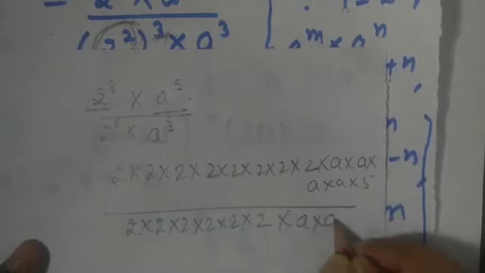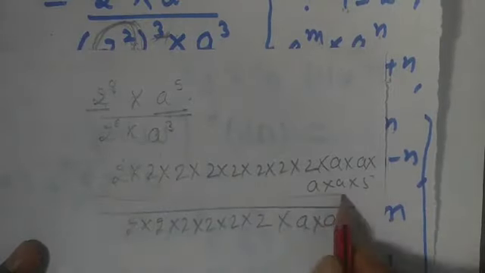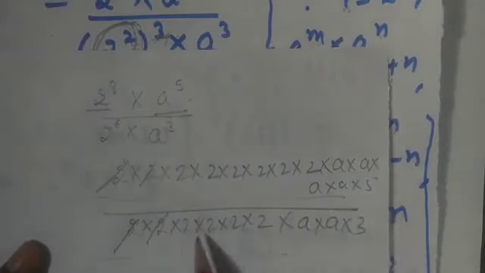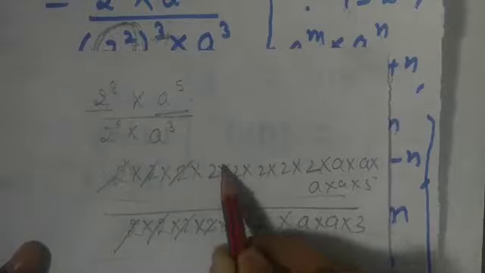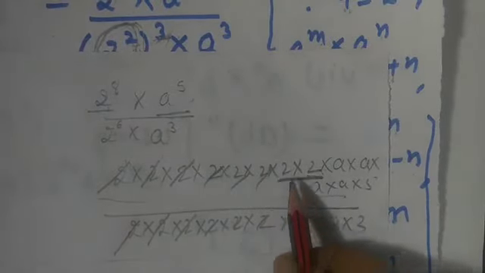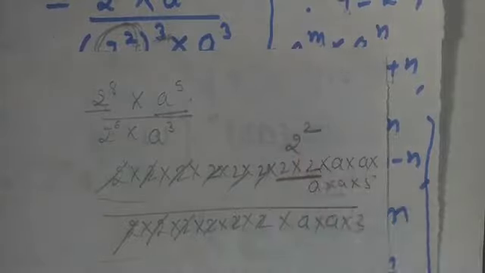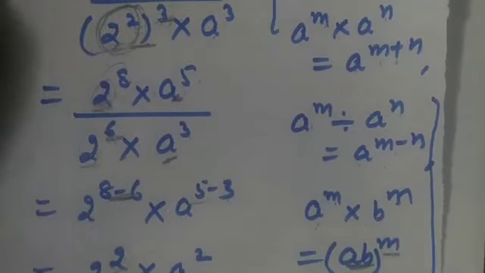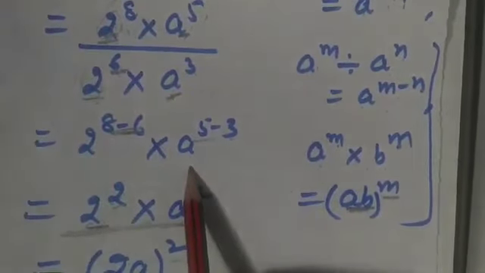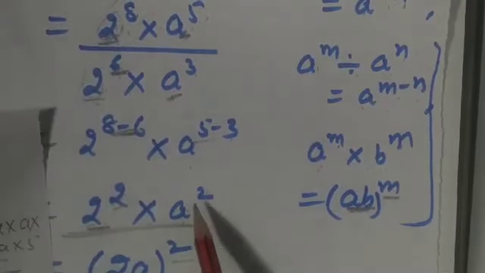Now this is numerator, this is denominator, this 2 gets cancelled with this, 2 gets cancelled with this, they get cancelled. Now we are left with only 2 2's. Okay, so that can be written as 2 raised to the power 2. And here also you are getting a raised to the power 2.